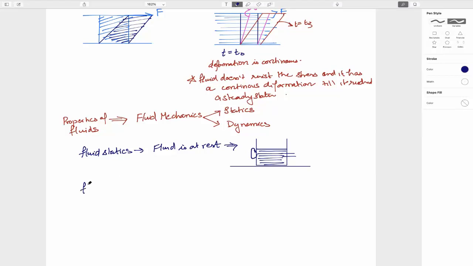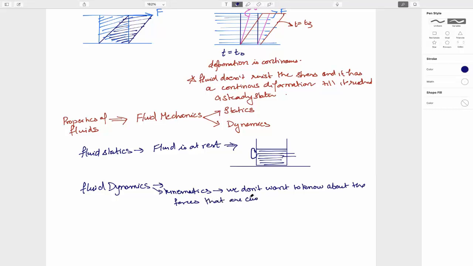Fluid dynamics has a very broad range of classification, and it also consists of kinematics. In kinematics, we don't want to know about the forces that are causing the flow.